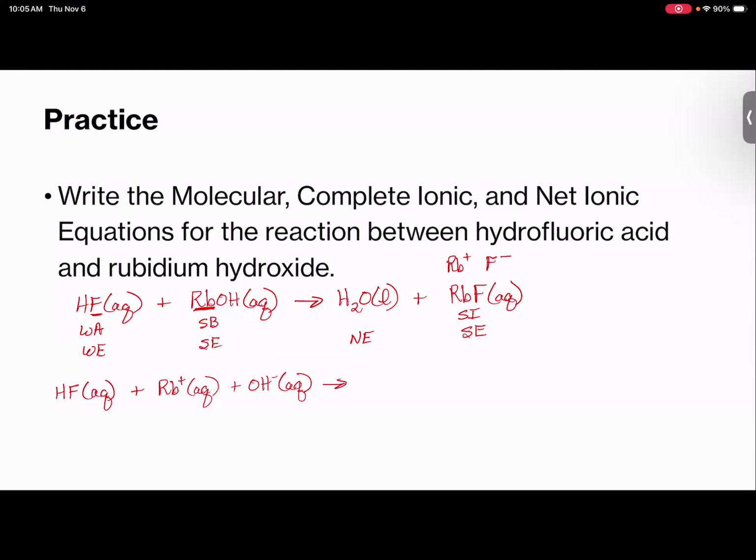The water is a non-electrolyte, so it is brought down. And we have rubidium fluoride. Rubidium fluoride being a strong electrolyte, we are going to dissociate it into its ions. Now to get to the net ionic equation, we remove the spectator ions. The only spectator ion in this reaction is the rubidium ion. Everything else must come down into the net ionic equation.